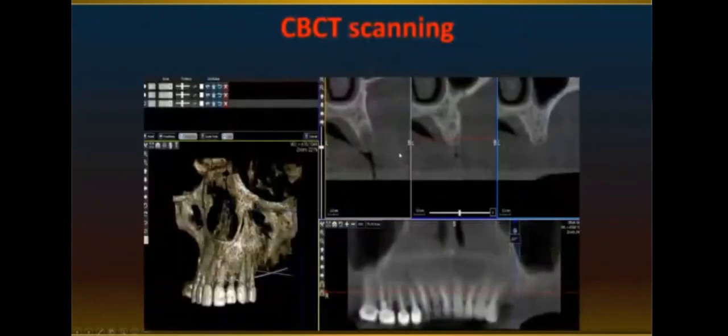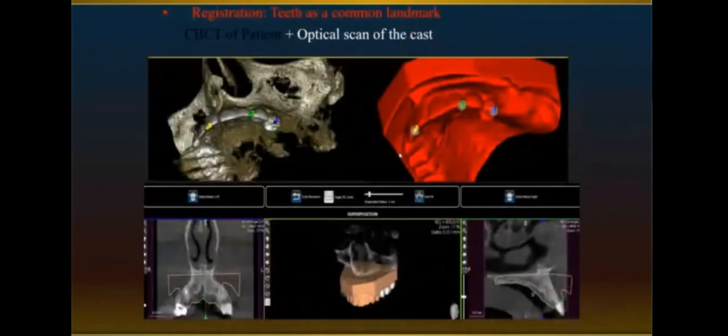Then I have the CBCT of the patient. Using the implant planning software, I make a superimposition between the CBCT and the surface scan using similar corresponding points.